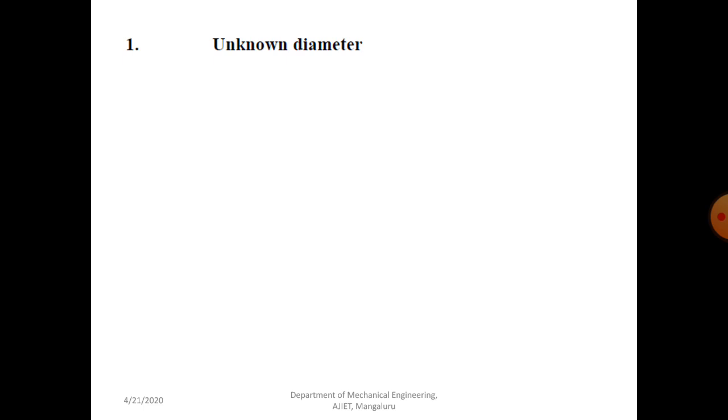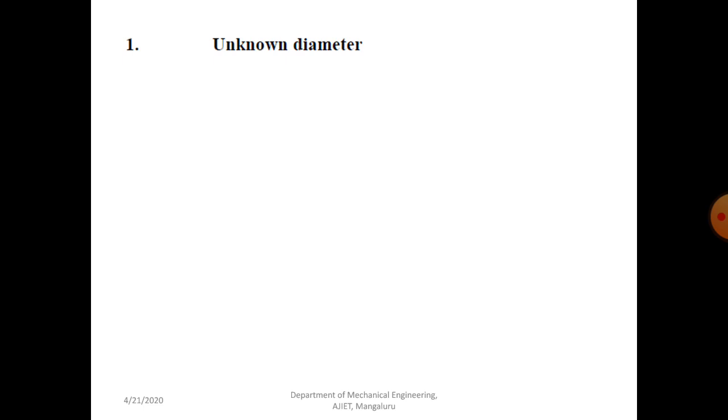The first step, that is, unknown diameter. Here both the diameters are unknown, that is, the diameter of the larger pulley as well as the diameter of the smaller pulley. So in such cases we have to use the velocity equation.